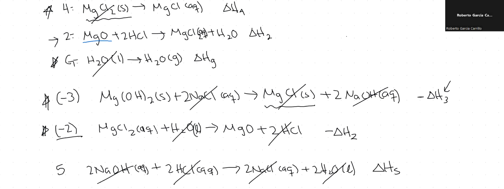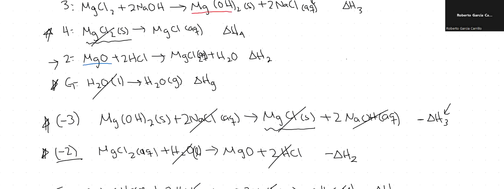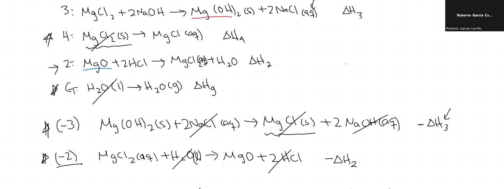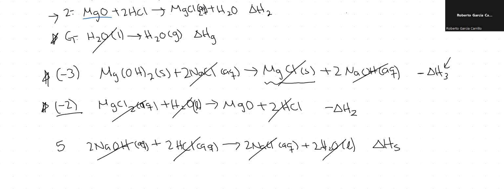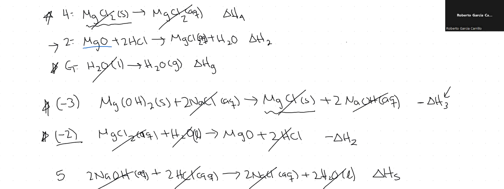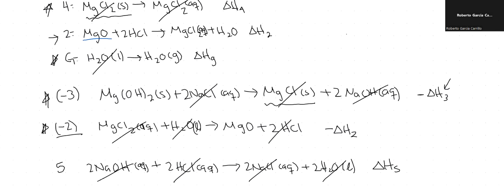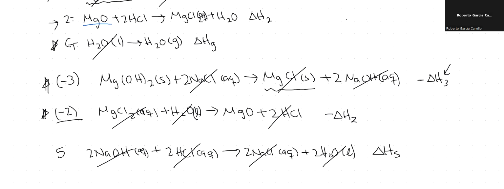What else can we cancel here? So we have magnesium chloride here, which cancels out with magnesium chloride in aqueous right here. And we are missing, what are we missing? I think we are done.